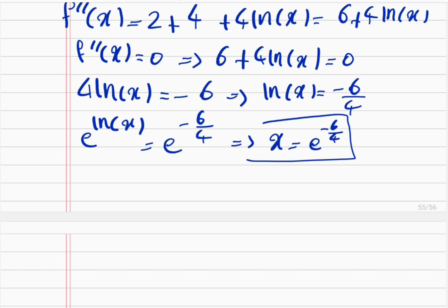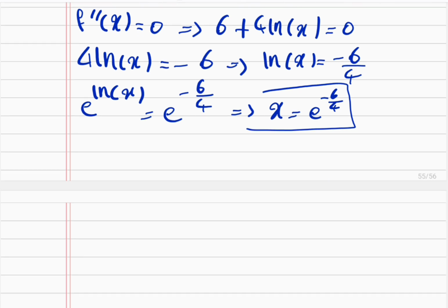So you might have done these questions before, and a very important part is that once you find the value of x, you then need to analyze the behavior of the second derivative of f, f double dash x, just before and after that x value.